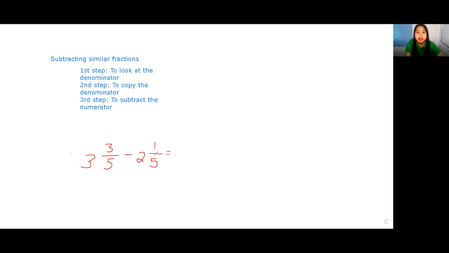So how do we convert it to an improper fraction? Okay, very good. You need to multiply and then add.